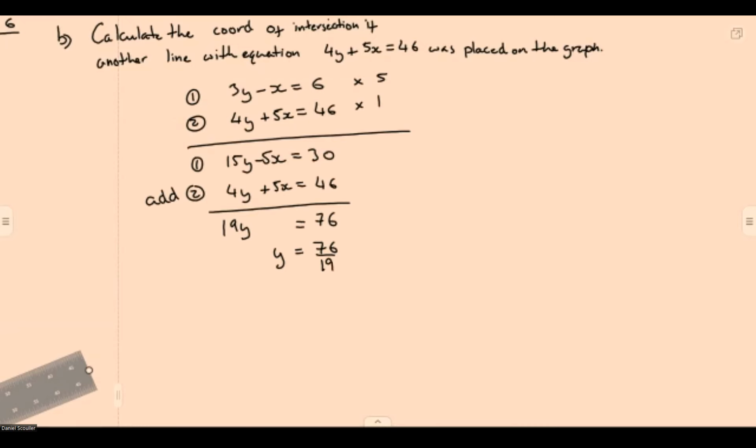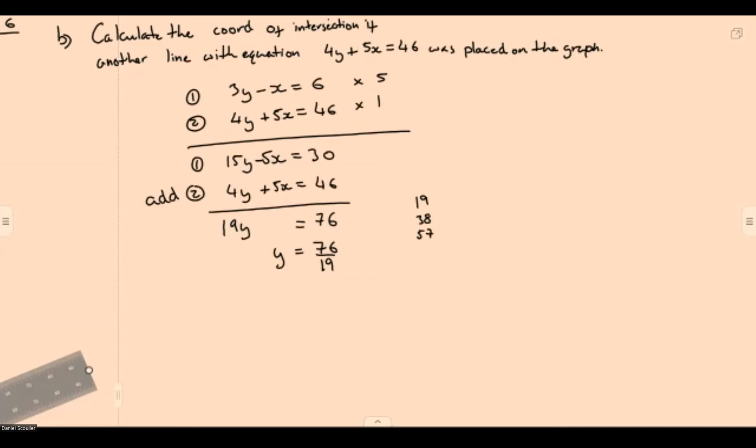If you get something like that, 76 divided by 19, I don't expect you to know your 19 times table, but logic dictates 76 divides by 19. It doesn't simplify in any other way. So just write it down in a wee column. 19 times 2 is 38. 19, add another 19 onto that is going to be 57.